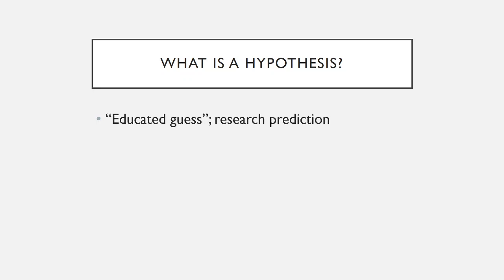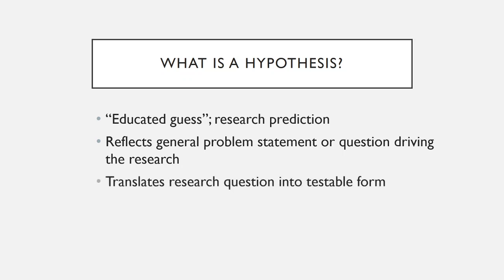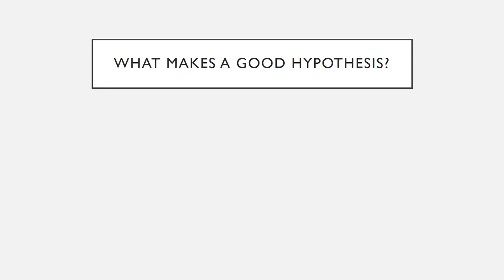It should be an educated guess about what you predict you'll see based on any background research you've done or prior observations that you've made. The hypothesis should reflect the general research question or problem that drives your interest. It additionally needs to be a prediction statement that can be translated into a research question and a testable research design.